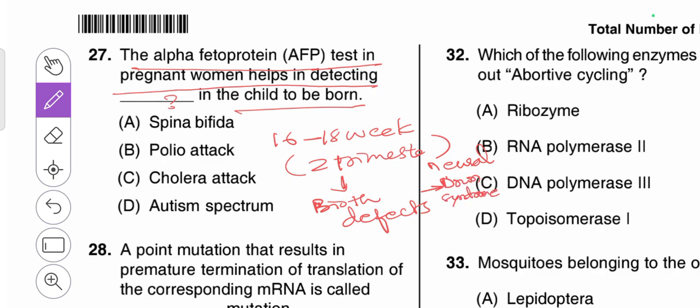If there is an abnormal AFP reading, then it can be aborted. So this AFP test will detect neural tube defects, like Down syndrome, Klinefelter syndrome, and such.